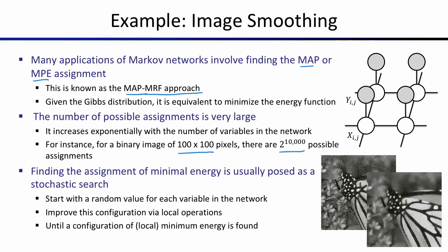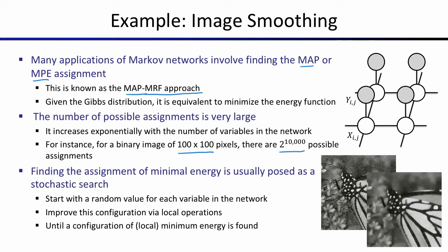So instead of computing the joint distribution and finding the one that has the minimal energy or the maximum probability, what we're going to do is use a stochastic search procedure. These stochastic searches are very simple search procedures that start with a random assignment for all variables in the network.